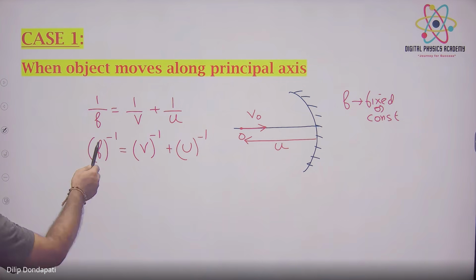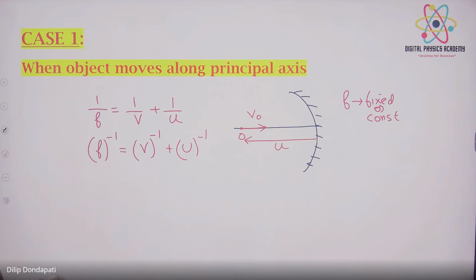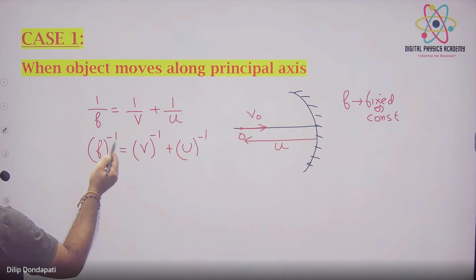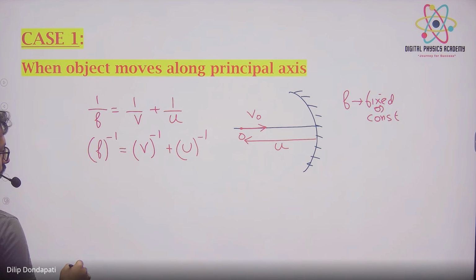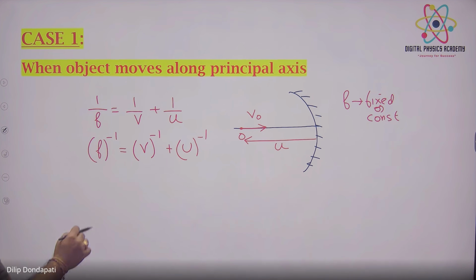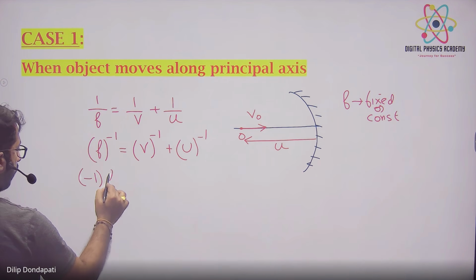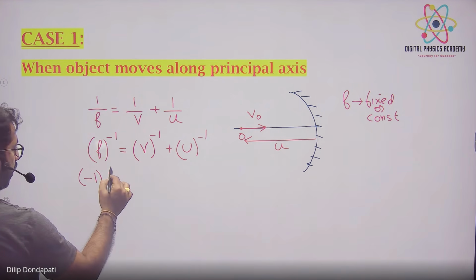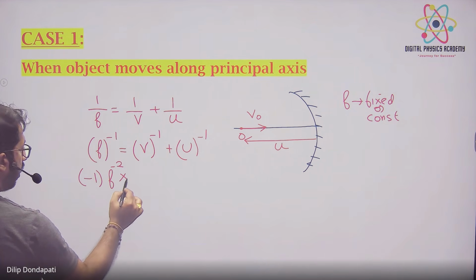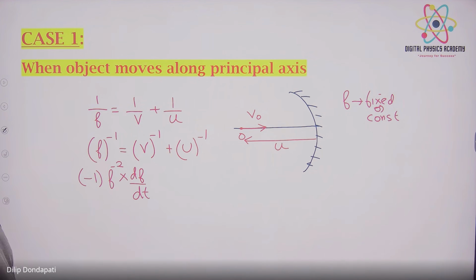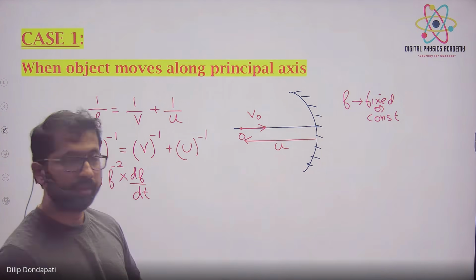What will be the term here? If we differentiate it, n into x power n minus 1, right? Here n is minus 1, so minus 1 into x power minus 2 into df by dt. Remember how to do this.